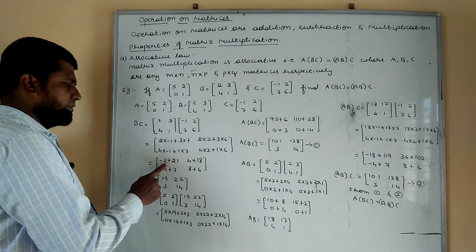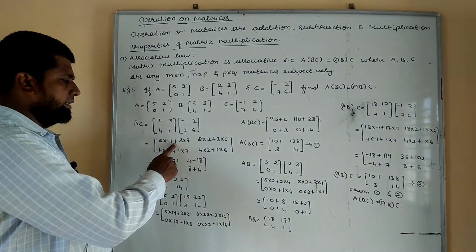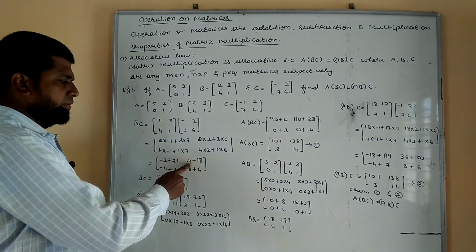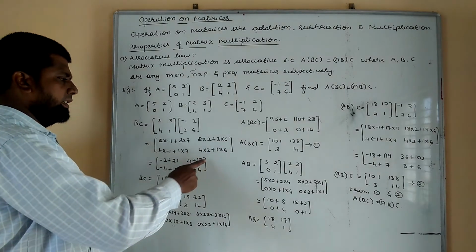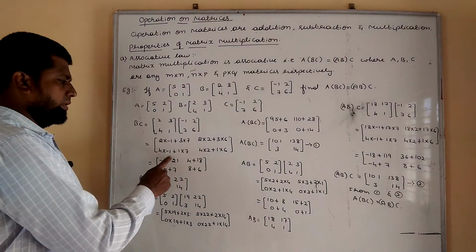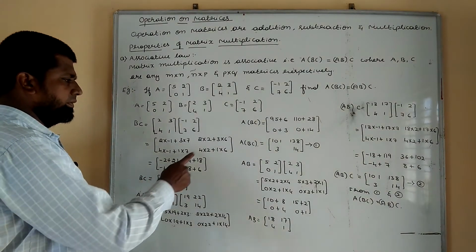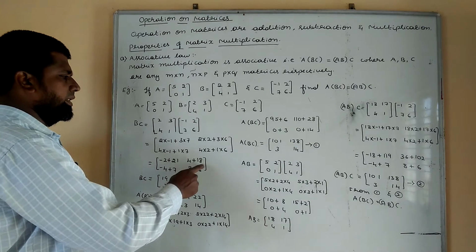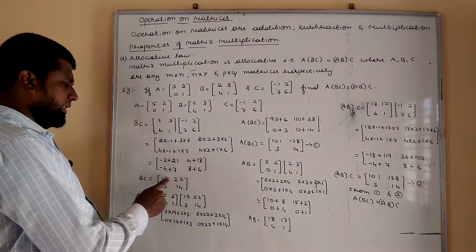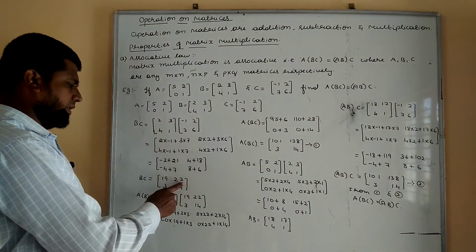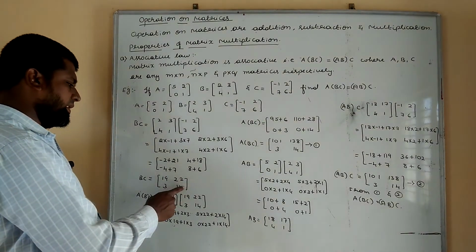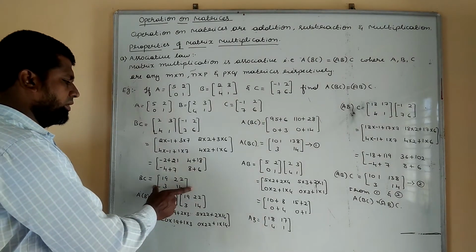2 into minus 1 is minus 2, plus 3 into 7 is 21; 2 into 2 is 4, plus 3 6s are 18. Next row, 4 into minus 1 is minus 4, plus 1 into 7 is 7; 4 into 2 is 8, plus 1 into 6 is 6. If you add this, minus 2 plus 21 is 19, 4 plus 18 is 22, minus 4 plus 7 is 3, 8 plus 6 is 14. So we got the value of BC.